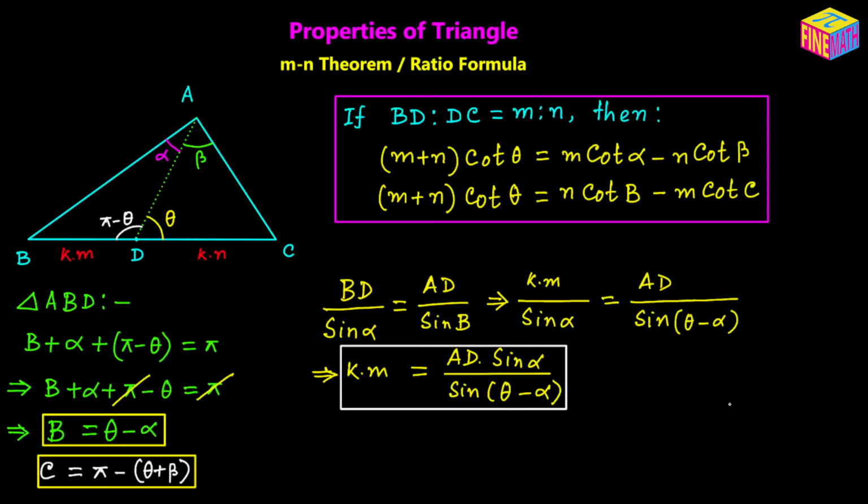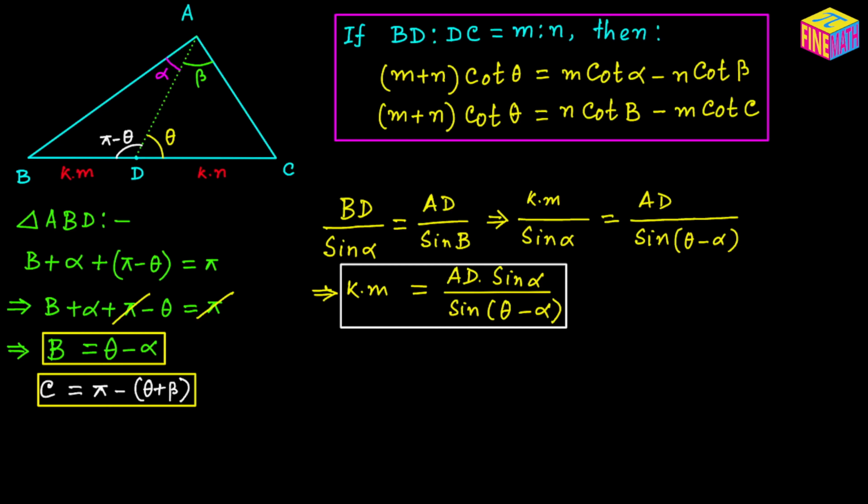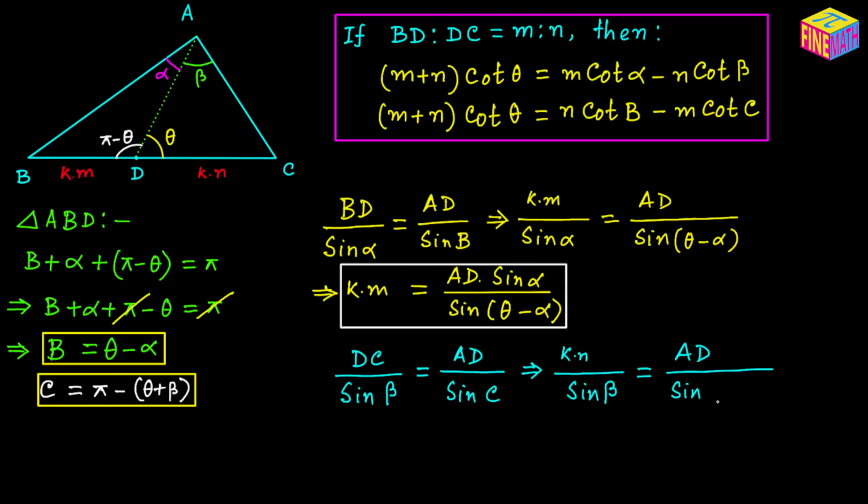Next, I am going to use the sine law on the triangle ADC. If we use the sine law on the triangle ADC, then can we say that DC over sine beta is equal to AD over sine C? And from here, in place of DC, I am going to write K times N over sine beta is equal to AD over sine of, in place of the angle C, I am going to write pi minus theta plus beta.